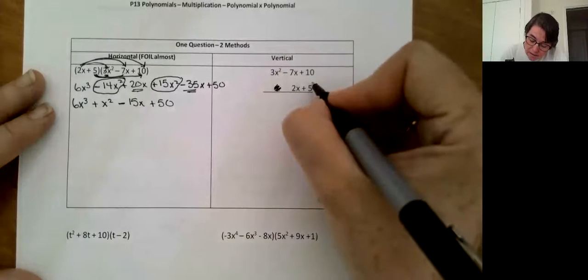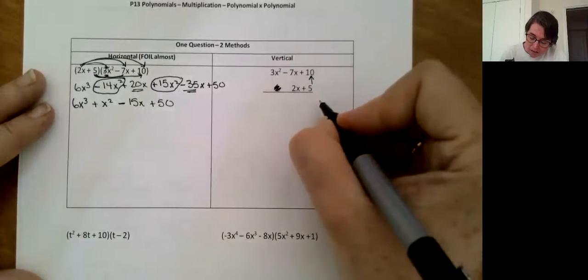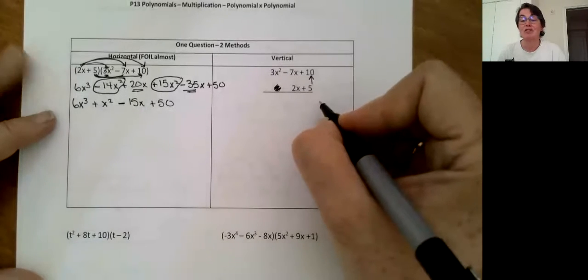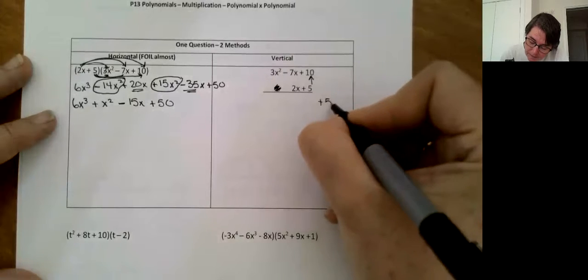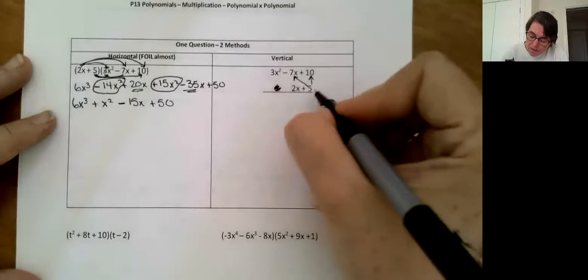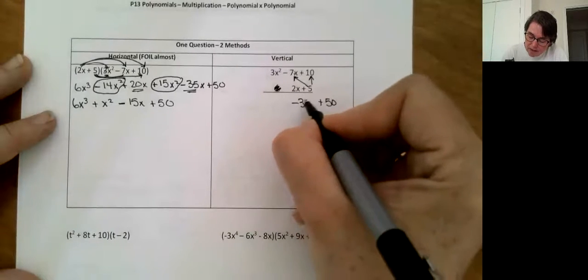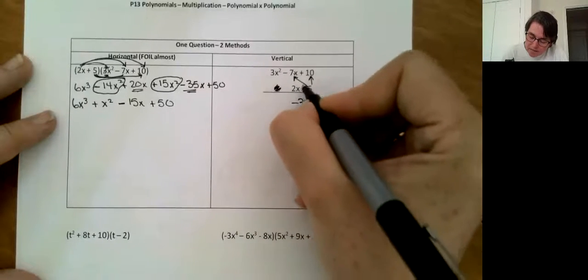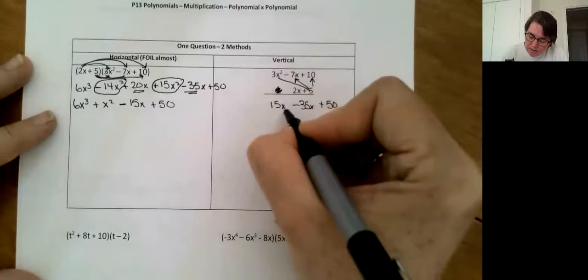All right, so 5 times 10 is plus 50. Always need a sign in front. 5 times negative 7 is minus 35x. And 5 times 3x squared is 15x squared.